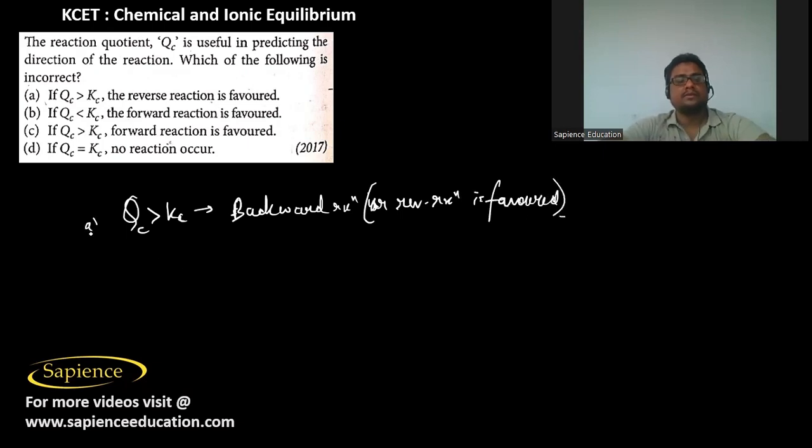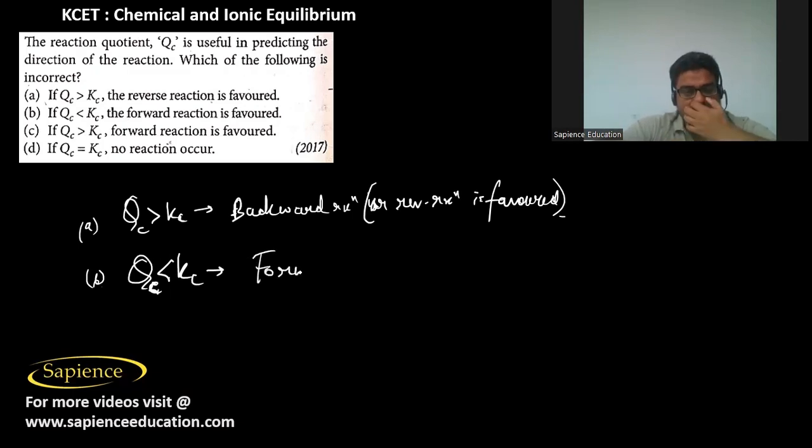And then the part B, it is told if QC is less than KC, the forward reaction is favored. Now if QC is less than KC, it means that the concentration of the products is lesser.